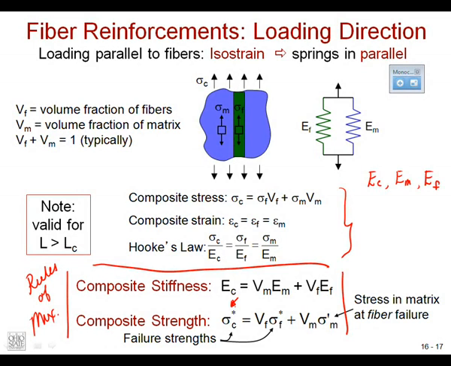So failure in the composite is going to relate to something about the stress that the fiber can take. Now, here's the point that I would make. That's going to be the stress in the matrix when the fiber breaks.